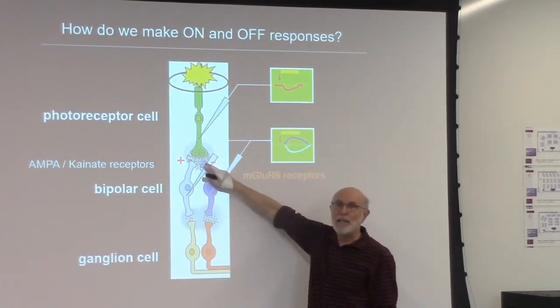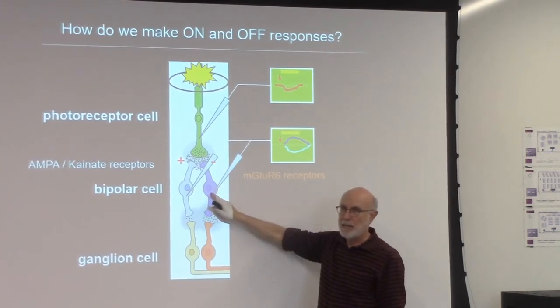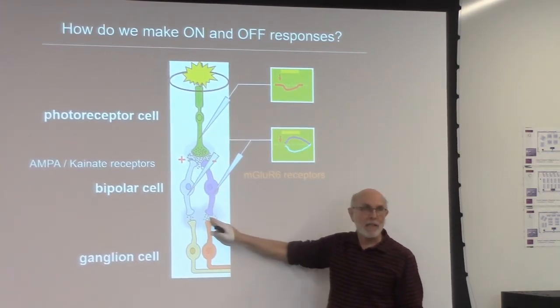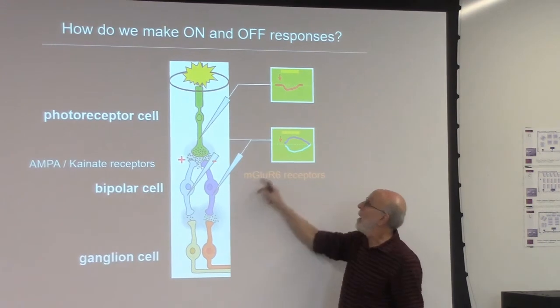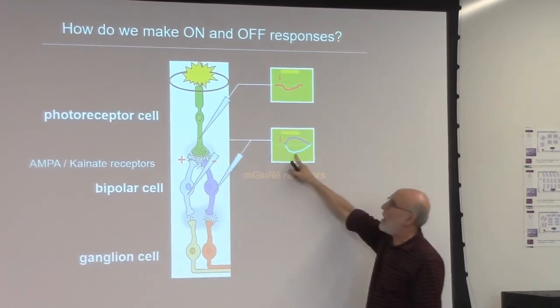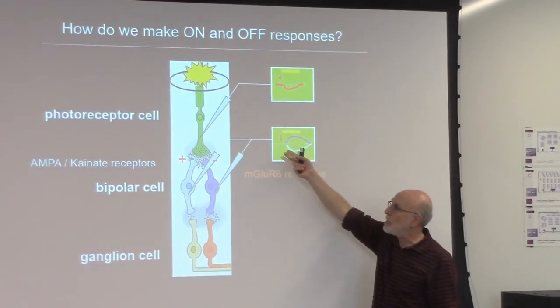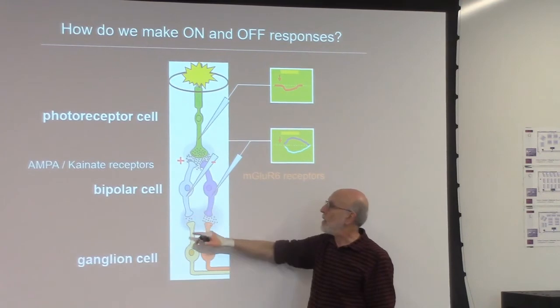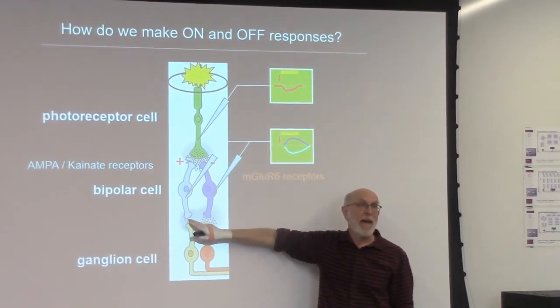The type that expressed the inhibitory receptor depolarized in response to light, and you can imagine that light causes an increase in neurotransmitter release from that bipolar cell on the next synapse. And the other cell that expressed the excitatory receptor was hyperpolarized by light hitting the photoreceptor cell. And so that hyperpolarization causes a decrease in neurotransmitter release at the next synapse.